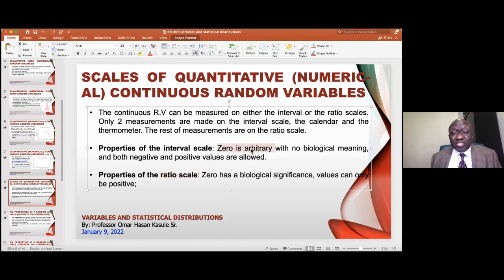In the interval scale, 0 is arbitrary, it has no meaning. You notice that the Gregorian year, the Christian year, is 2022, 2022 years since they started counting. But the Islamic year is 1443, because it started counting from the time of Hijrah.